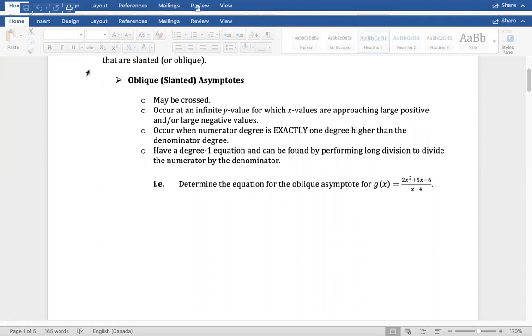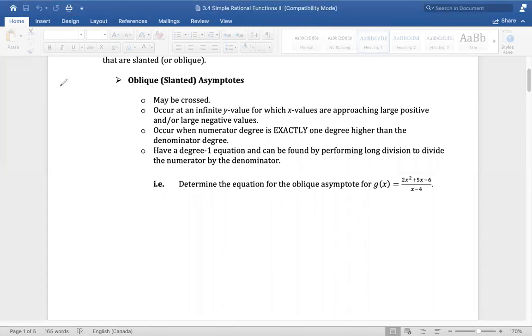So if I look at my limit as x is approaching positive or negative infinity, my function is approaching positive or negative infinity, so we're looking at the two extremes.